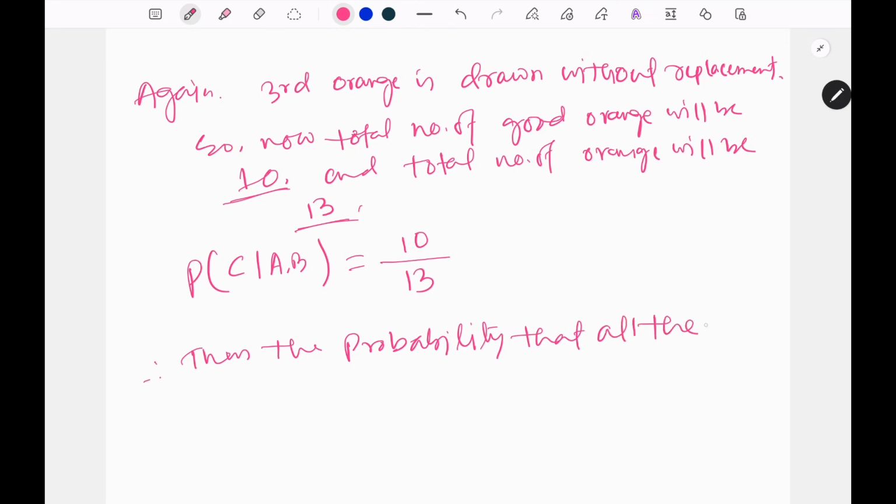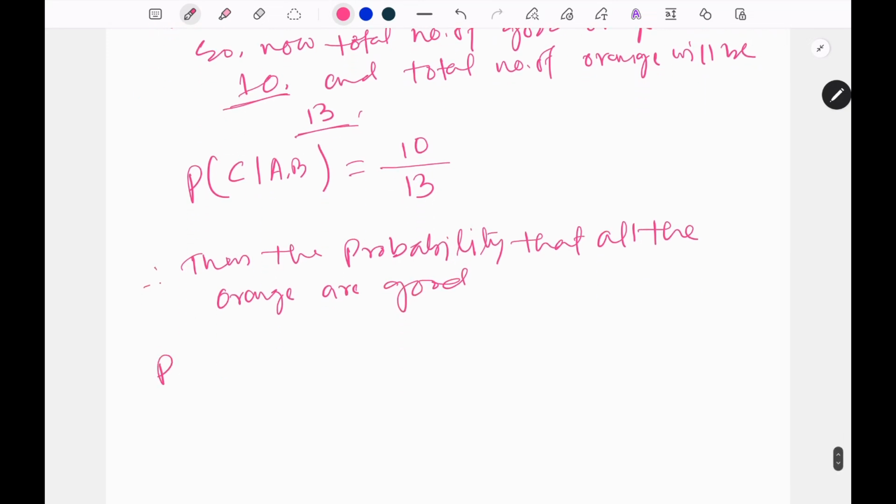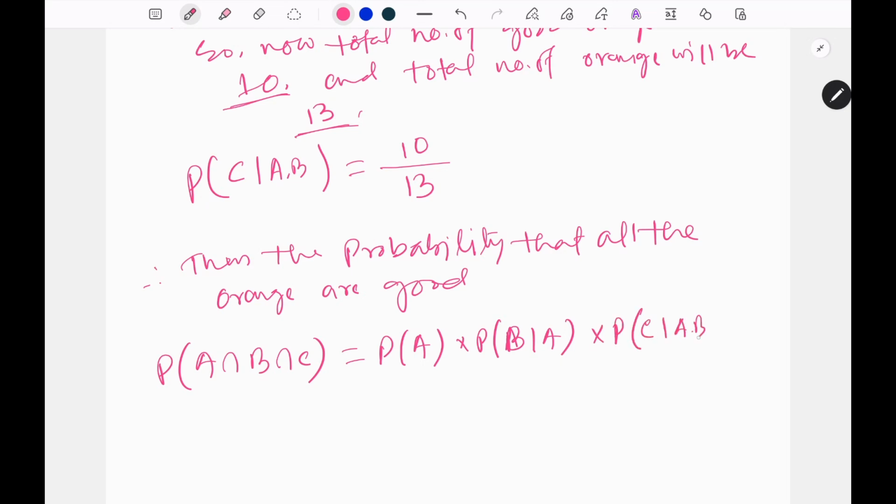The probability that all the oranges are good is the probability of A intersection B intersection C, which equals the probability of A into the probability of B given A into the probability of C given AB. What is the probability of A? It is 12 upon 15. The probability of B given A is 11 upon 14 and the probability of C given AB is 10 by 13.